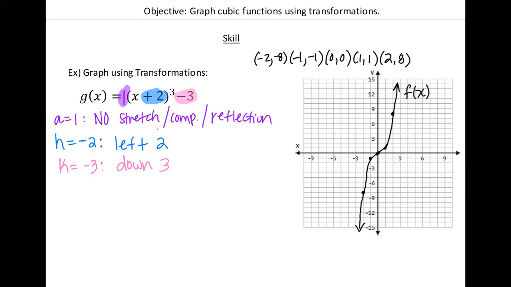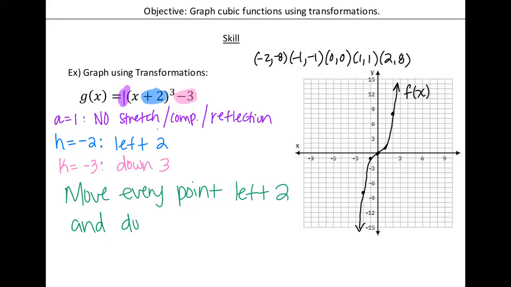And then we are going to be looking at this information over here. What are we going to do to every point? We're going to move every point left 2 and down 3. Okay?